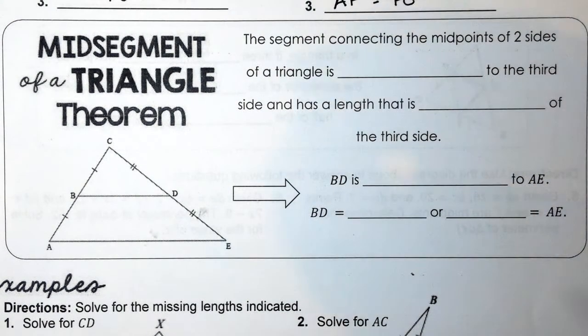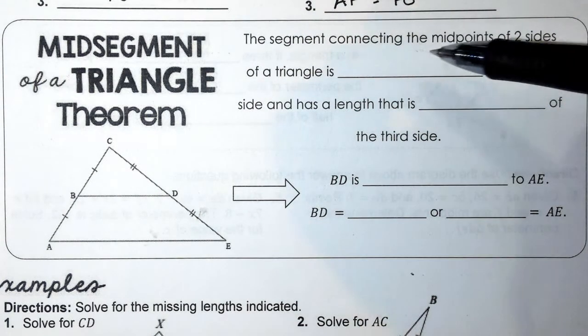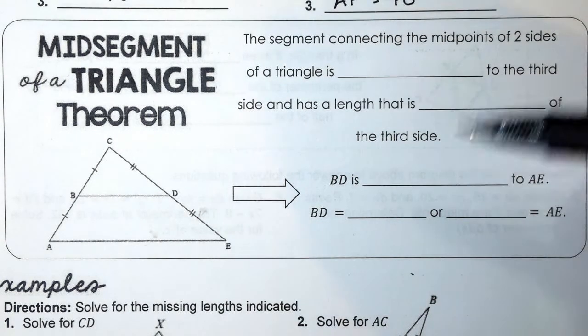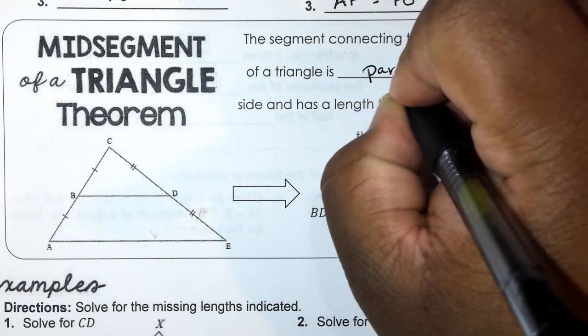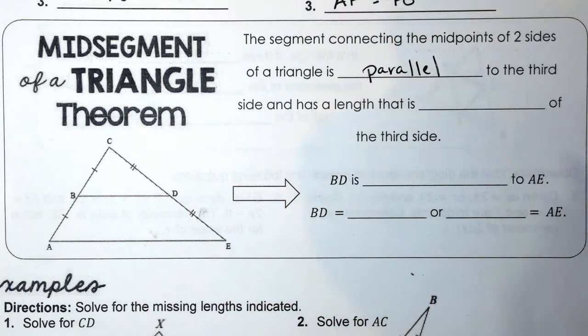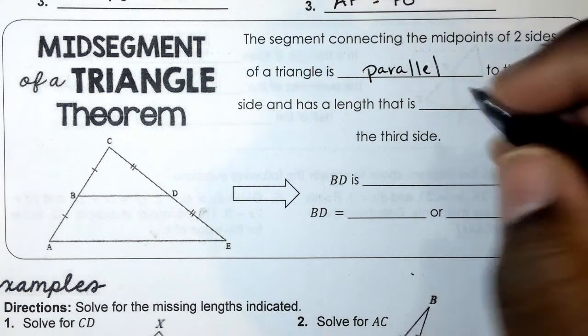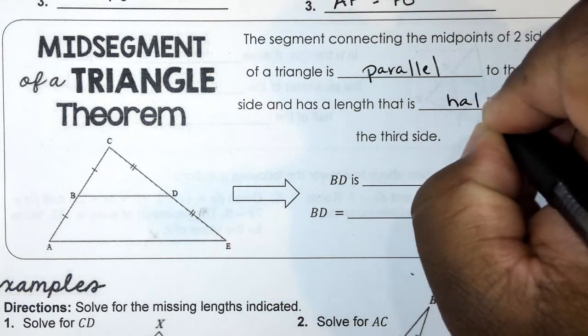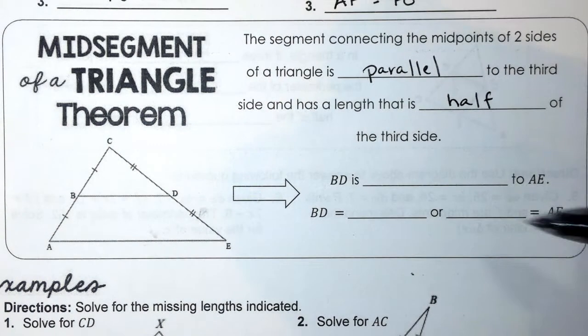This says the segment connecting the midpoints of the 2 sides of a triangle is parallel to the third side and has a length that is half, that's the key part right here, of the third side. So let me explain that before we get into this part down here.